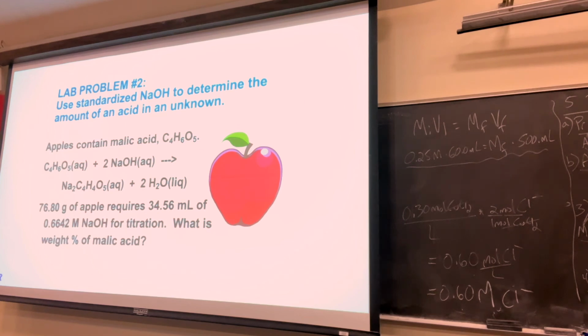And then, using our balanced reaction here, 2 moles of NaOH come from 1 mole of the malic acid. So we're going to use a 1/2 ratio to go from the NaOH to the malic acid. And once we know moles of malic acid, we can figure out the molar mass to get grams of pure malic acid. That'll be a number hopefully much smaller than 76.80 because the weight percent will be grams of the pure stuff divided by this number times 100%.